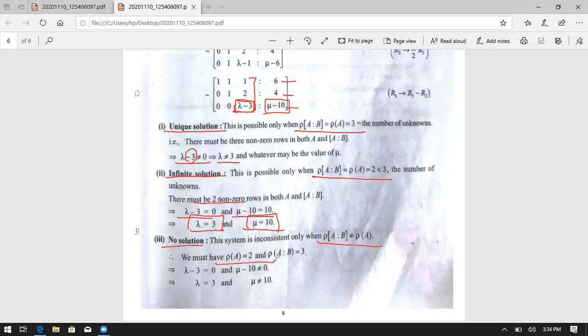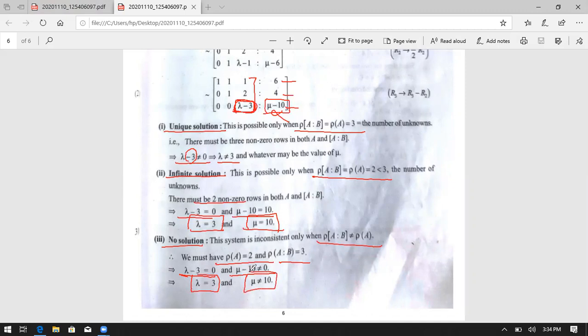Then you write rank of A is equal to 2, then rank of AB is equal to 3. Therefore lambda minus 3 is equal to 0, then mu minus 10 is not equal to 0. Finally you write lambda is equal to 3 and mu is not equal to 10.